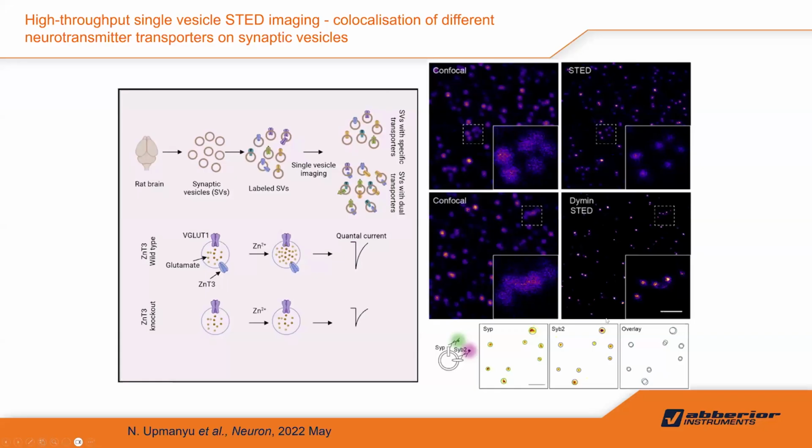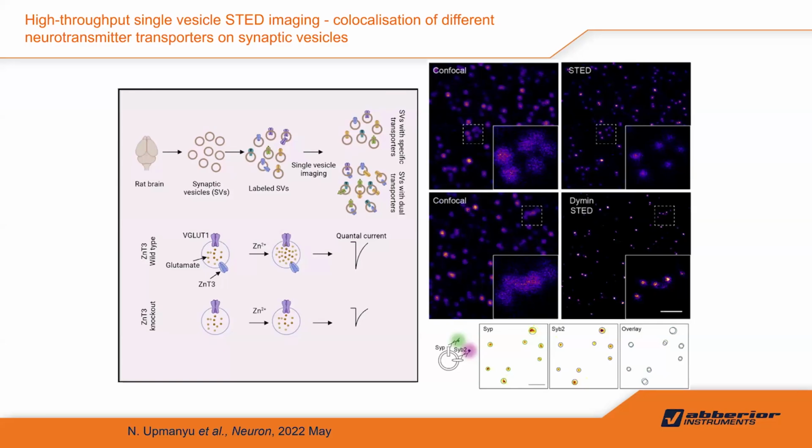This is the paper published in Neuron in May 2022. You read the title: high throughput single neuronal vesicle STED imaging. Co-localization of different neurotransmitter transporters on synaptic vesicles. It's 40 nanometer scale co-localization, right? Synaptic vesicle is 40 nanometer scale. This is not possible with confocal. The resolution is poor.